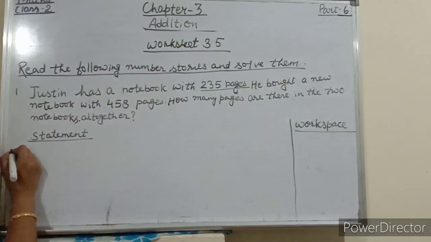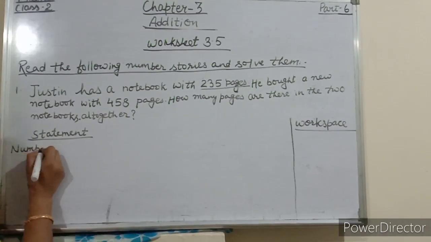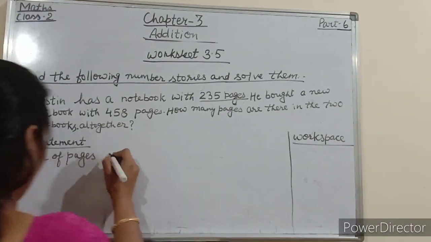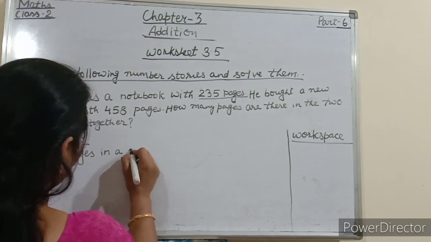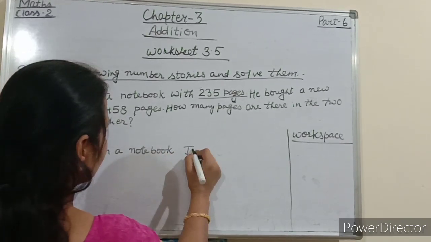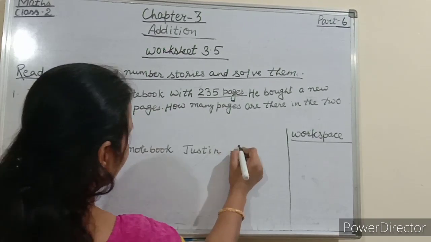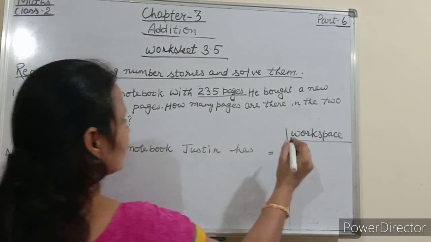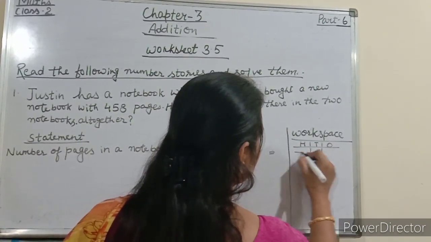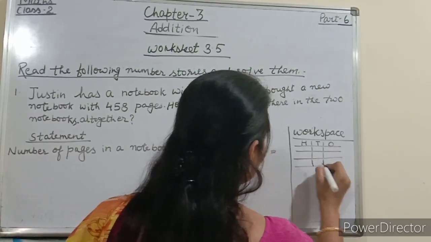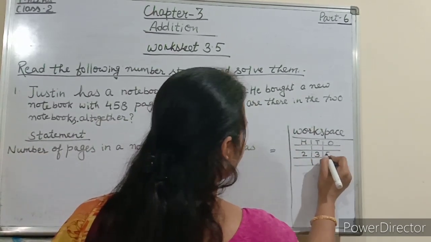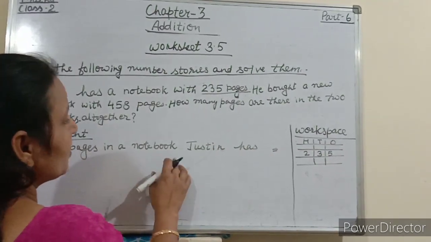So write: number of pages in a notebook Justin has is equal to 235.